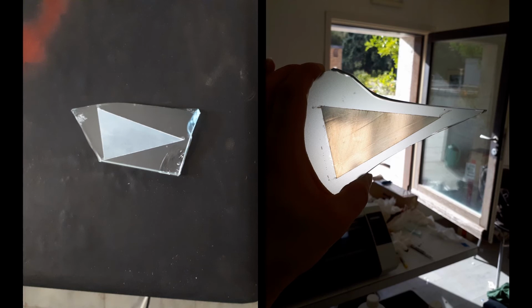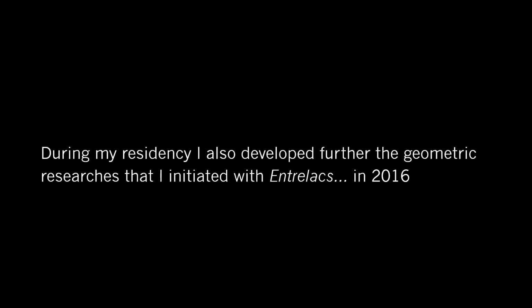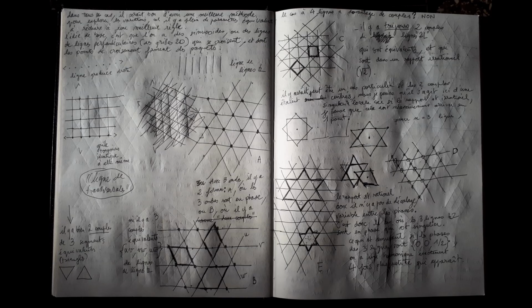For example, this thing on the table, when you look through it, you see the color is completely different. These were tests. I did a lot of tests, and I ended up making a prototype that you will see later.